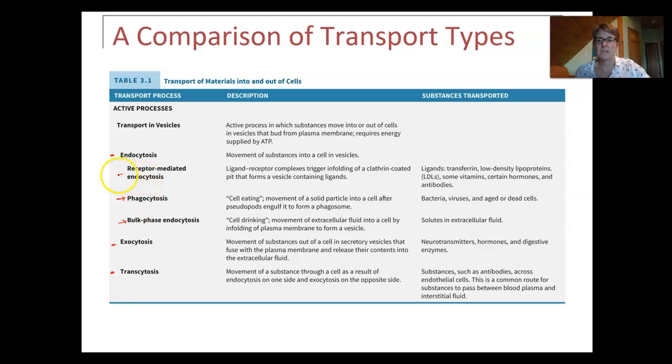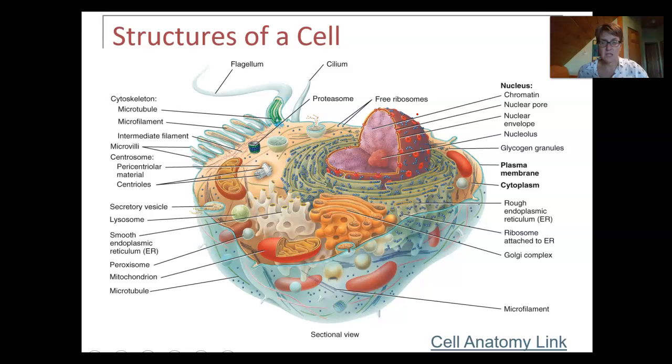And then I had the very specific receptor-mediated endocytosis. I wouldn't worry too much about ligands and clathrin-coated pits, but it's just about bringing very specific stuff in because I have a receptor on the plasma membrane. All right, so that is all I wanted to talk about.